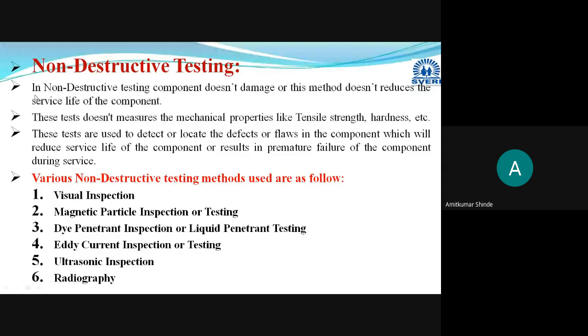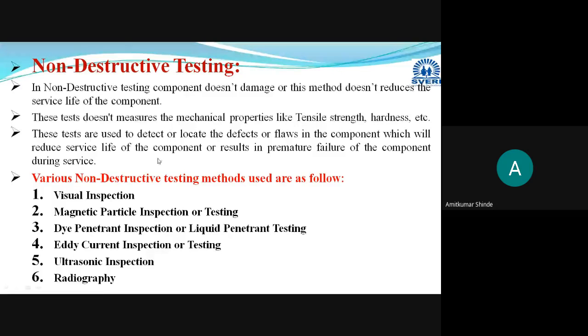In non-destructive testing, the component does not get damaged, or this method does not reduce the service life of the component. That's why this is termed a non-destructive testing method. Then the next point: these tests do not measure mechanical properties like tensile strength and hardness. The measurement of mechanical properties is obtained from destructive testing methods.